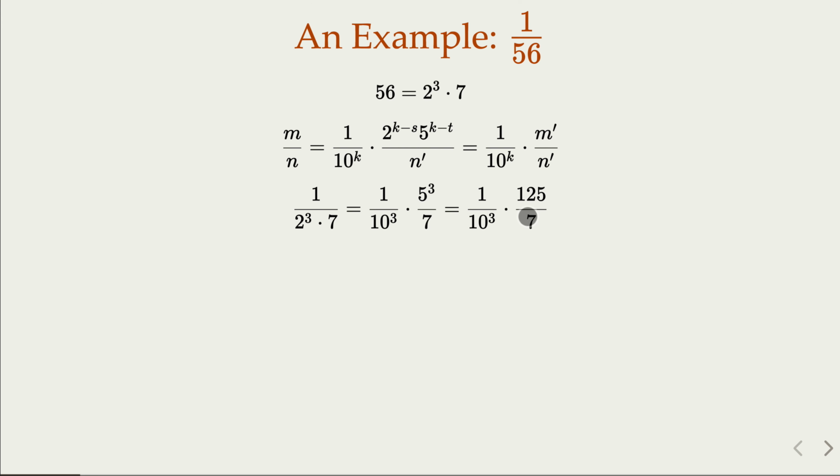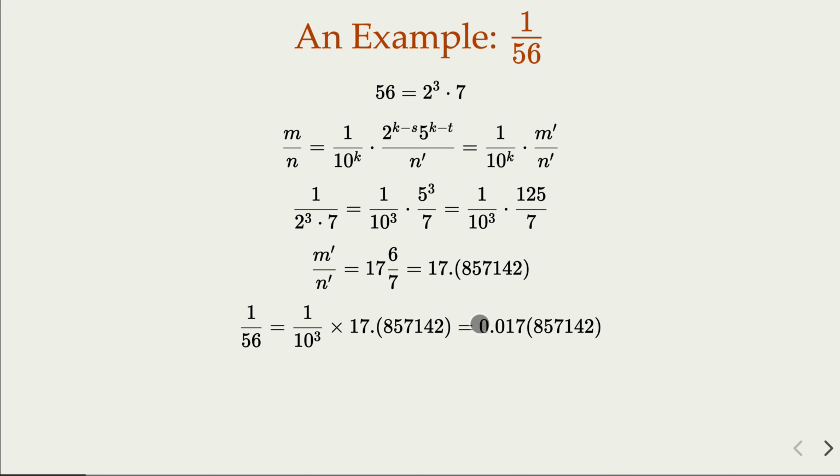This would be some integer greater than 1, and it's actually 17, the integer part. So it's going to be 17, and then the pure recurring decimal. And then for the original value 1/56, you just move the digits to the left by 3 digits, right? So it becomes 0.017, and then repeating. So those are the steps.